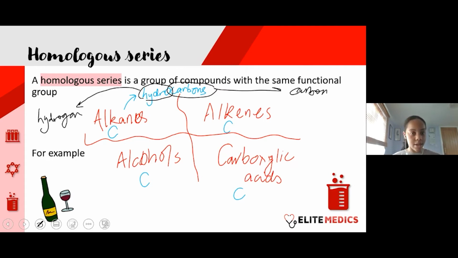A special feature of alkanes is that the hydrogen and carbon are bonded together with a single bond. I'm going to draw an example, something you have probably already heard of before. We'll have our example here of methane.